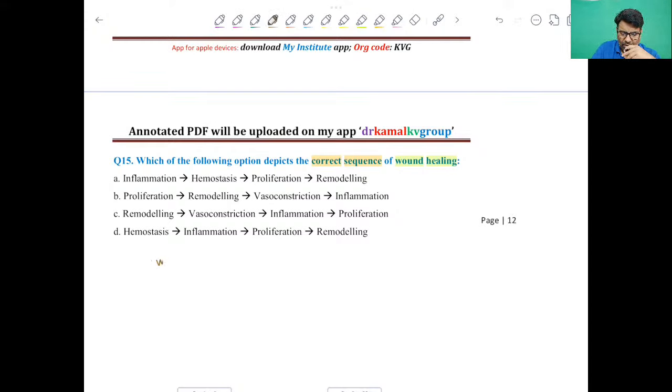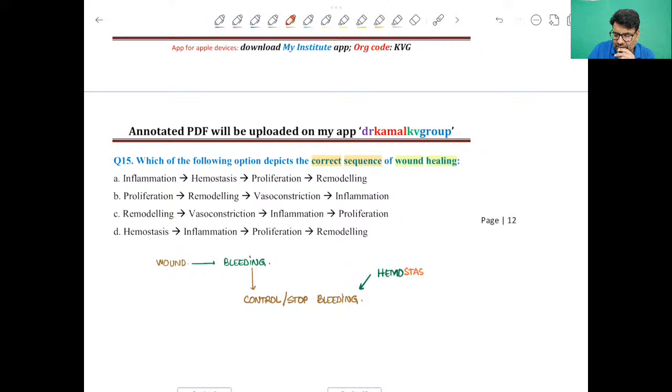See, if there is a wound, what will happen? There will be bleeding from here, right? So there will be bleeding. Now what the body will try to do? So body will try to control or stop bleeding, and this is what is known as hemostasis.